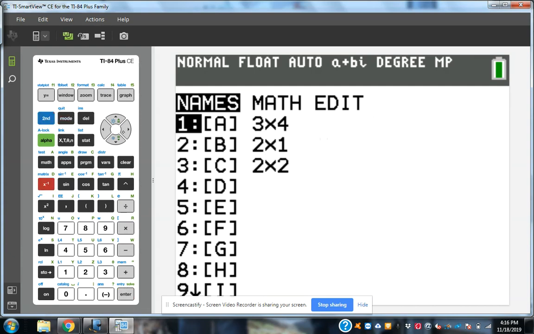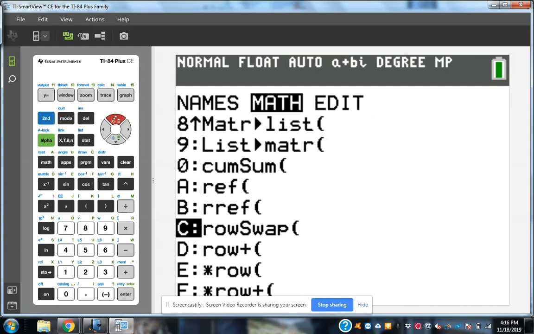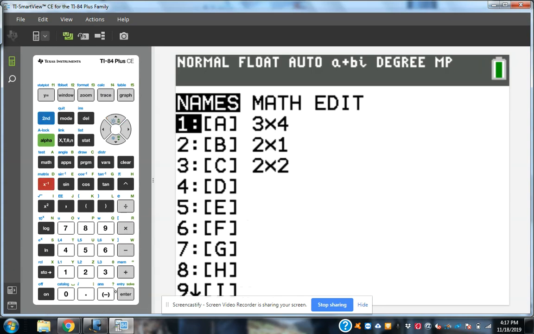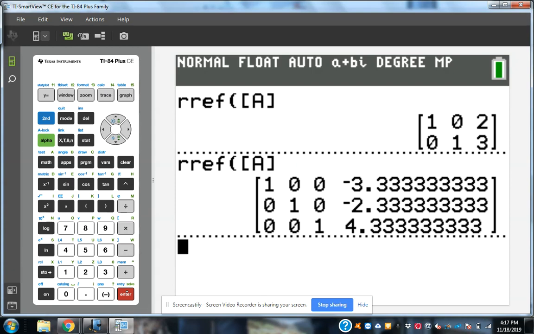Second matrix, go over to math, pick RREF, and tell it what matrix I put that in. And here's the beautiful thing, we get decimals here, but we don't usually. Make sure I type that in right.